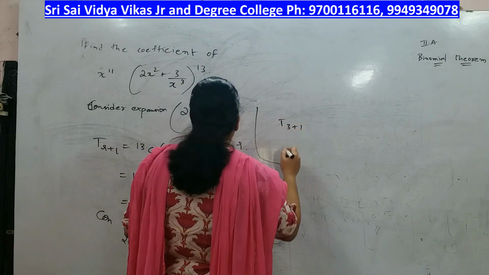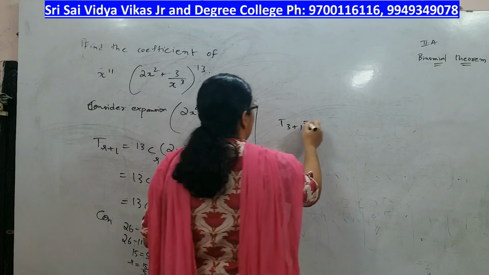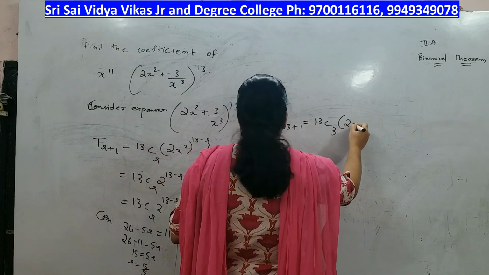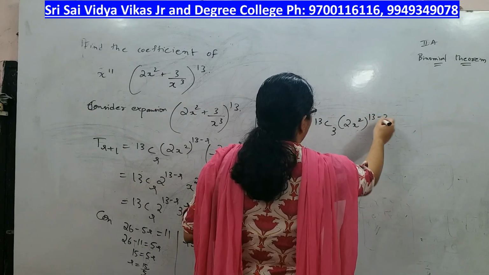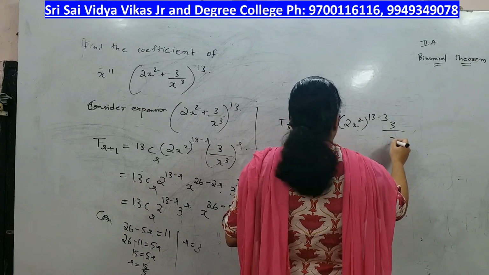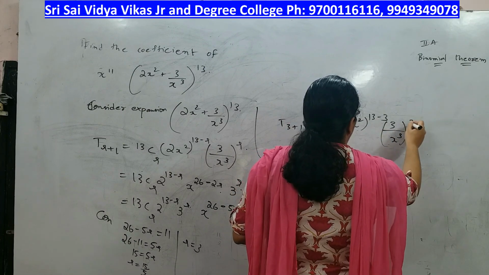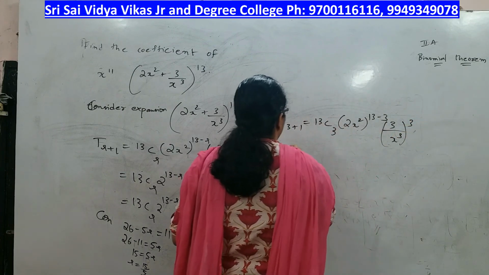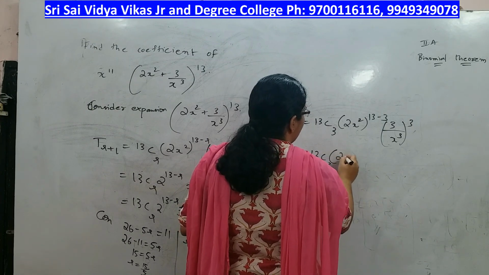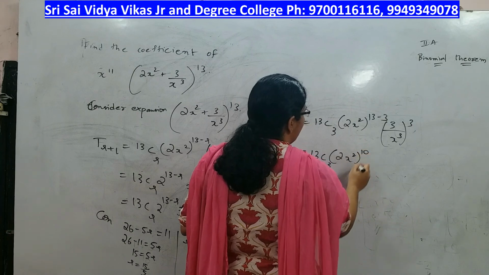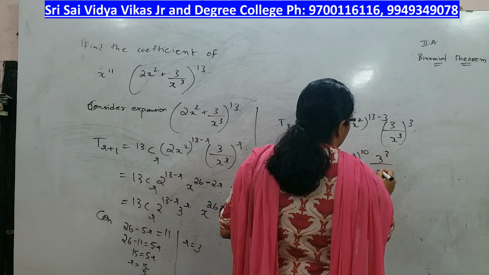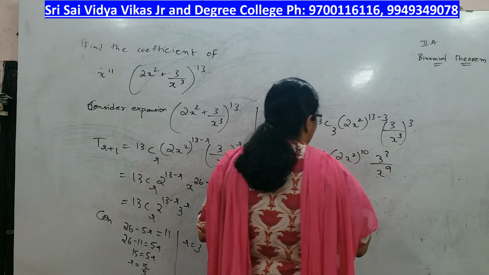T3 plus 1 is equal to 13C3 (2x square) whole power 13 minus 3, (3 by x cube) whole power 3. So this is nothing but 13C3, (2x square) whole power 13 minus 3 is 10, (3 by x cube) whole power 3, 3 threes are 9.